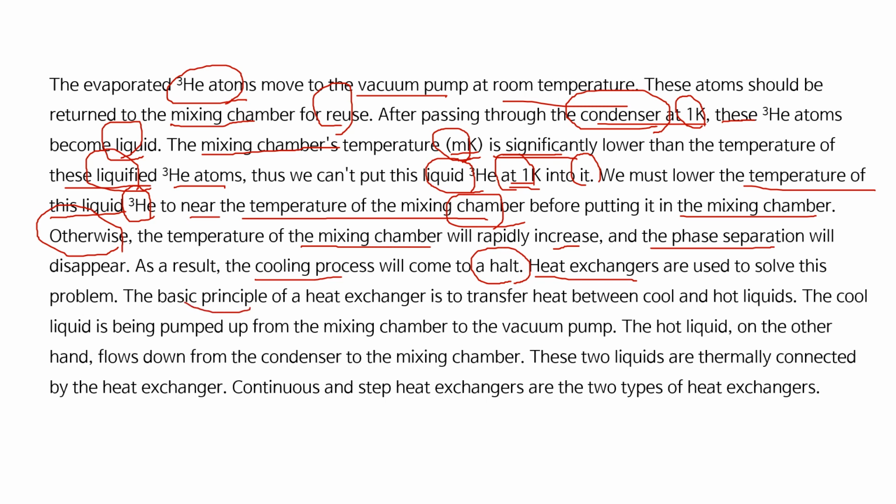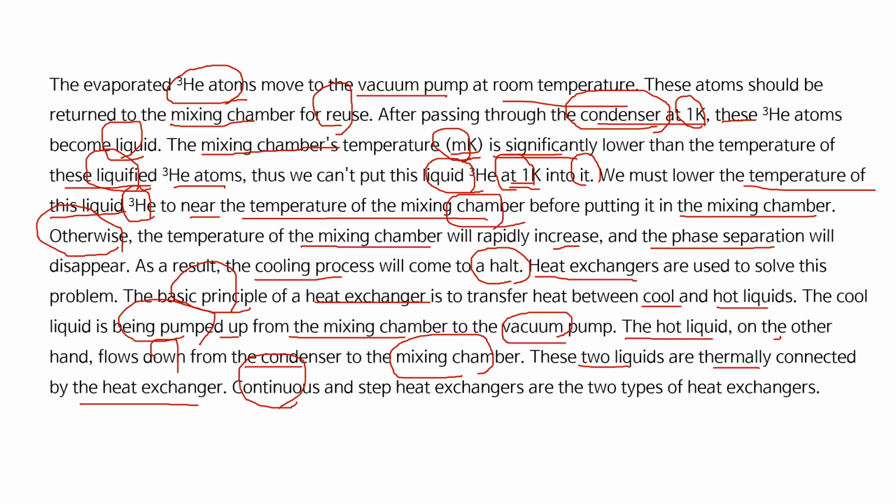The basic principle of heat exchange is to transfer heat between cool and hot liquids. The cool liquid is being pumped up from the mixing chamber to the vacuum pump. The hot liquid, on the other hand, flows down from the condenser to the mixing chamber. These two liquids are thermally connected by the heat exchanger.